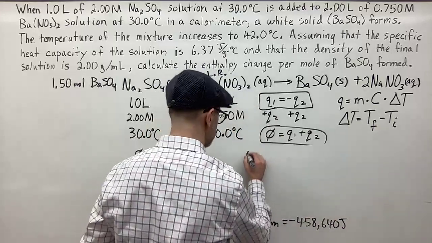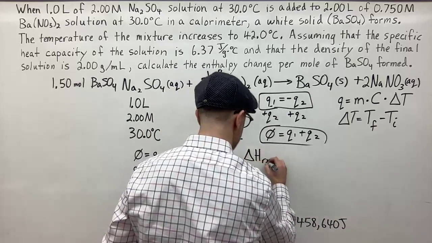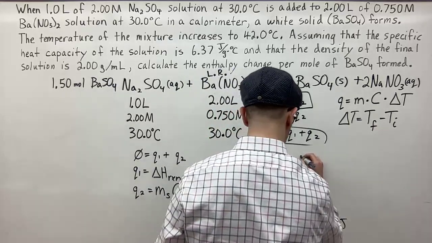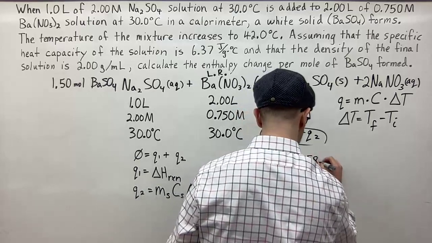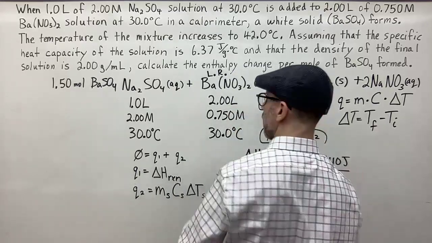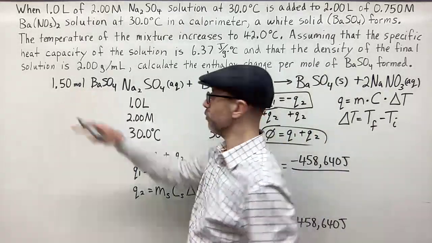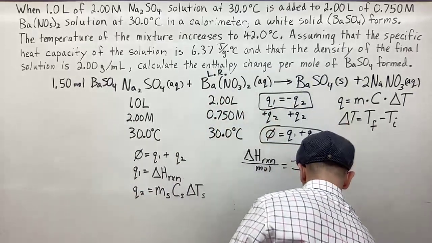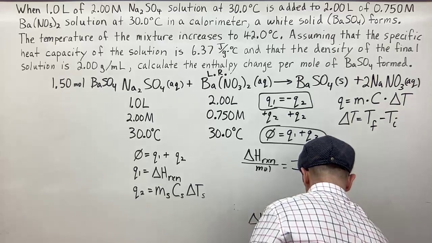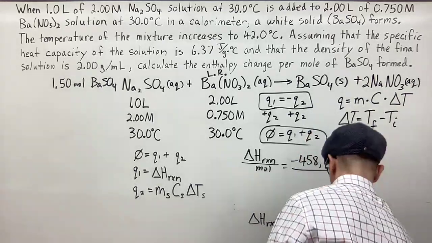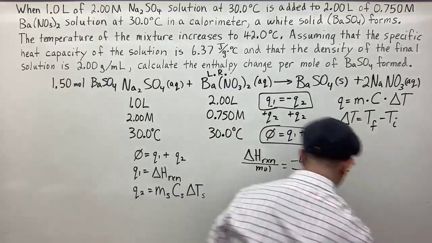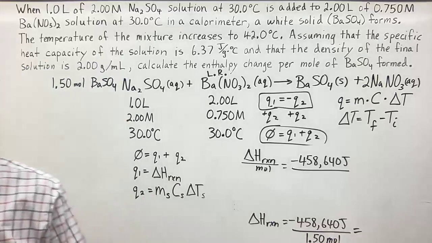So now delta H of the reaction per mole is going to be equal to negative 458,640 joules divided by the number of moles of barium sulfate that was formed, and that's going to be 1.50 moles.